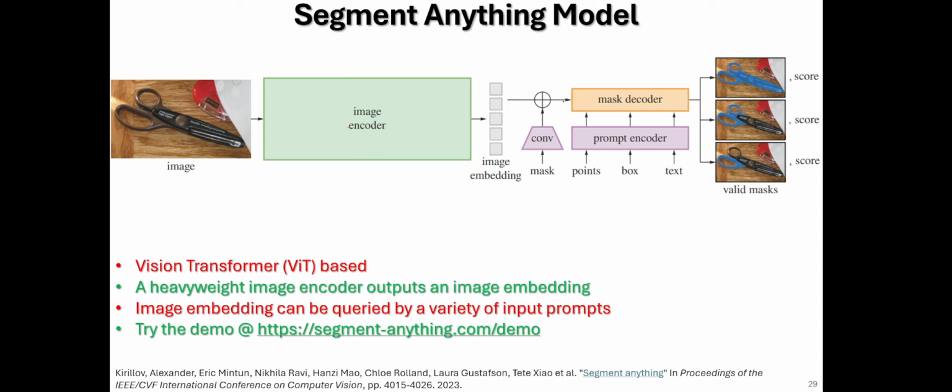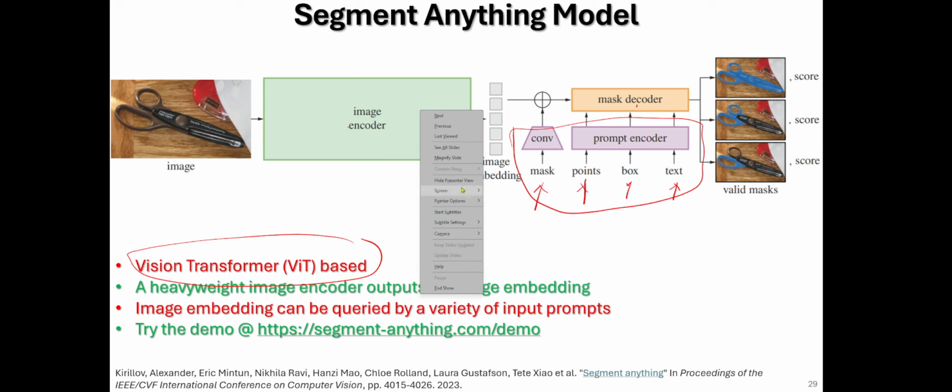But the architecture is encoder decoder, using vision transformer. The key interesting idea is the prompts that the user can give: a mask, click or point to a particular region where they want the segmentation, draw a box, or even use a text prompt as well. So that is the idea.